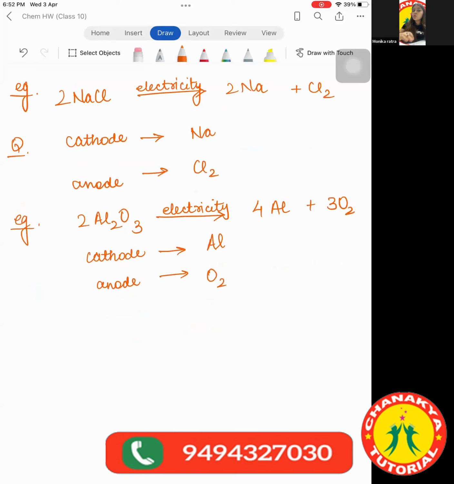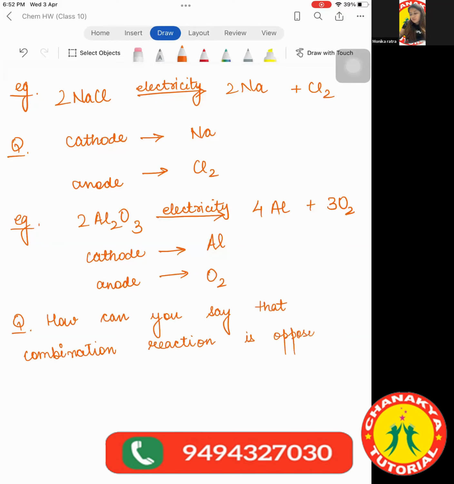Since you people now know what is the combination reaction, what is the decomposition reaction, my question for you is, how can you say that combination reaction is opposite of decomposition reaction?